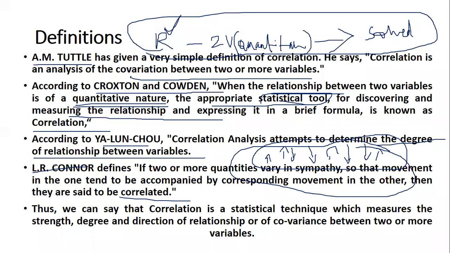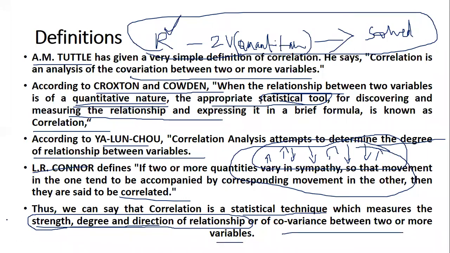So thus we can say that correlation is a statistical technique which measures the strength, degree, and direction of relationship. These three words are very, very important. Strength, degree, and direction of relationship or of covariance between two or more variables.